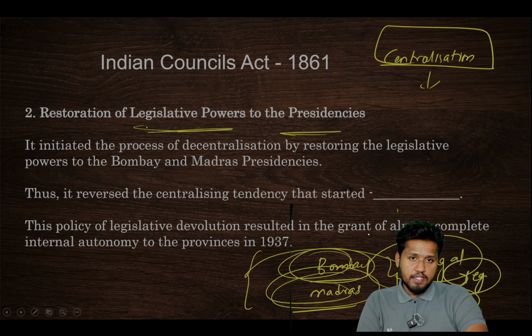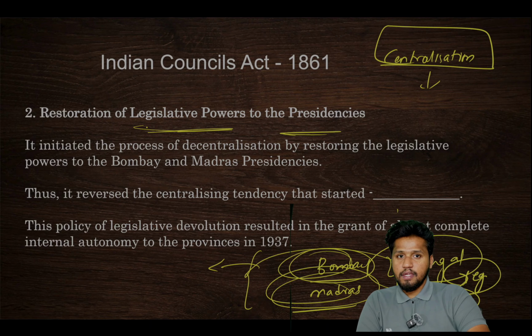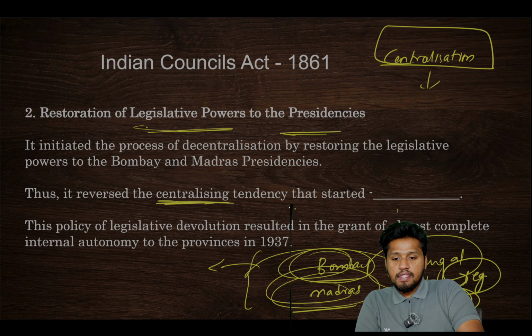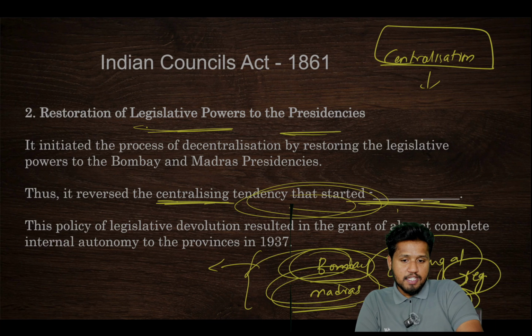That is centralization of legislative powers, meaning the laws and policies of Bombay could not be made by the Governor of Bombay. It was the Governor General of India who could decide that. The same way with Madras. Thus, it reversed the centralizing tendency that had started. The blank was kept intentionally for you to comment in which act the centralization took place. Pause the video, comment your answers below.